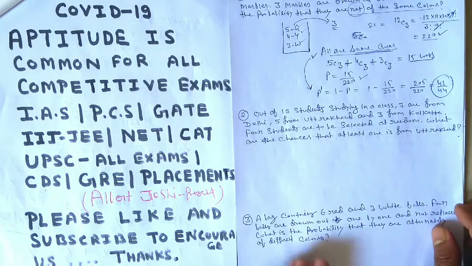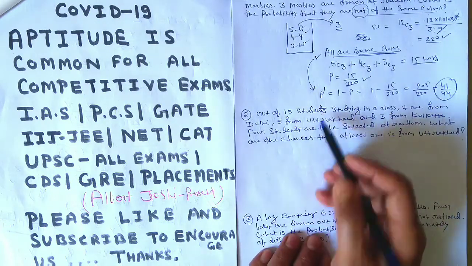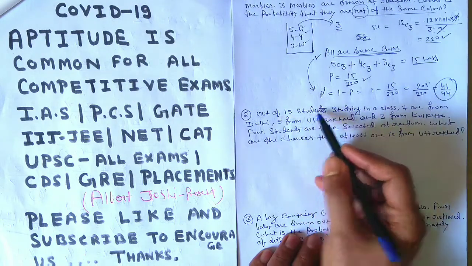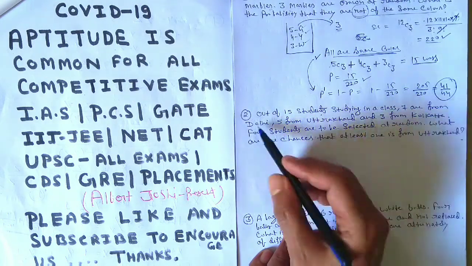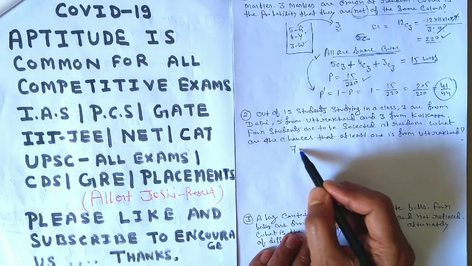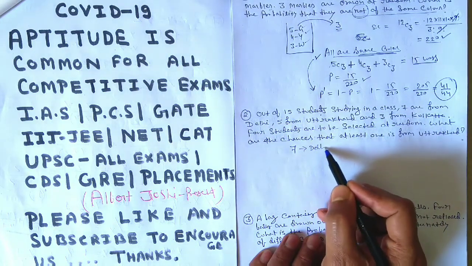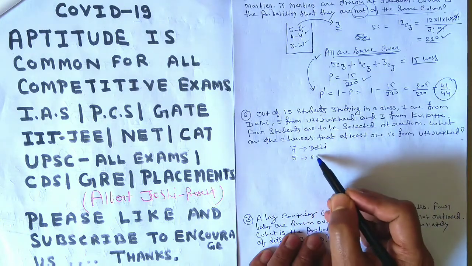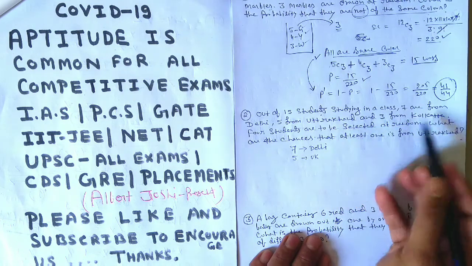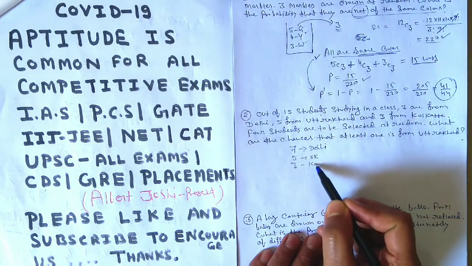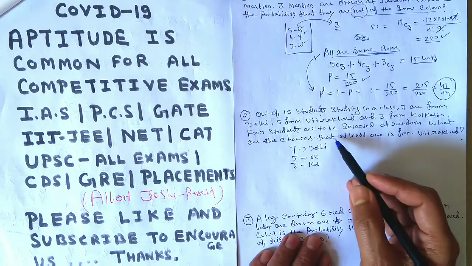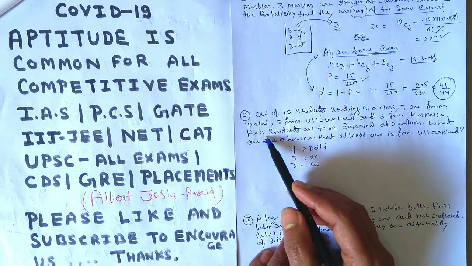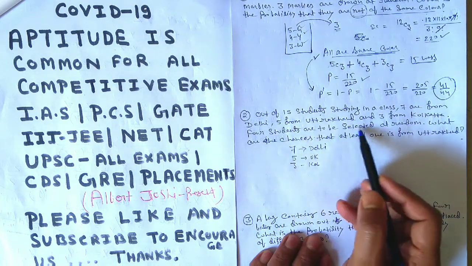Now question number 2. Out of 15 students studying in a class, 7 are from Delhi, 5 from Uttarakhand, and 3 from Calcutta. 4 students are to be selected.